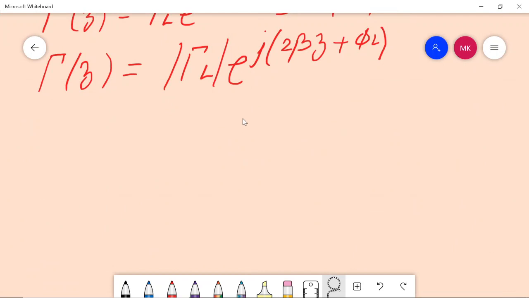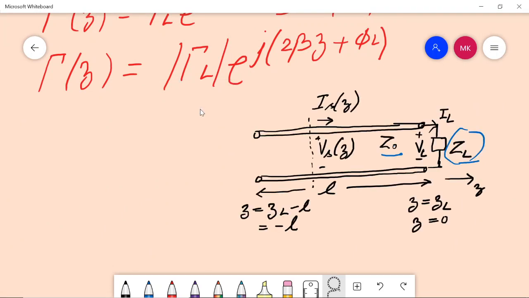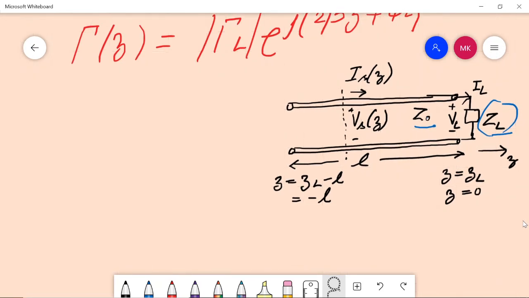You have this figure. So what it means is, if you know this gamma L at this location, then at any point you can find the gamma Z.